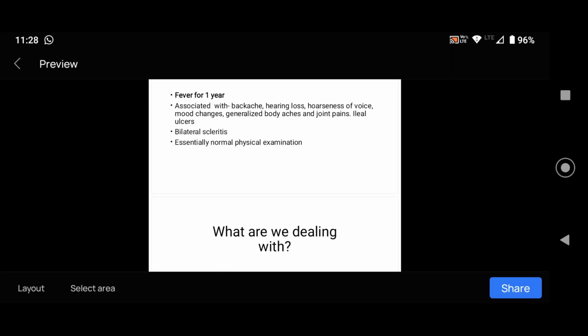This ileal ulcer, the patient had given a history that about 6 years ago, the patient had had some abdominal pain and was found to have ileal ulcers at that time. So this was the past history. We did not understand what was the cause of it, and we did not have any documentary proof of this also. So we had to take it with whatever the patient told us.